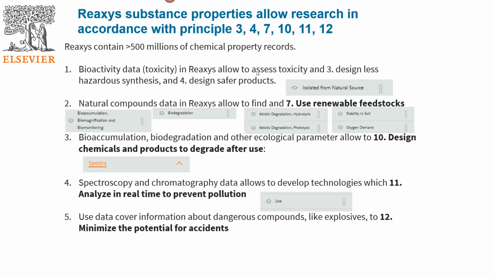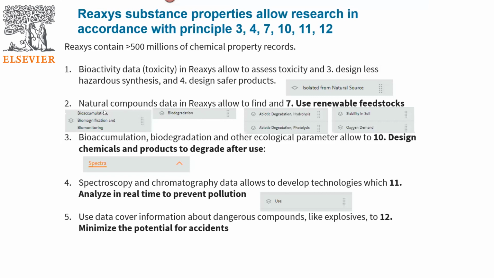The principle number 1 is connected with the bioactivity data, toxicity. The principle number 2 is connected with using renewable feedstock. So for example, if you are doing phytopharmacy or some complicated organic molecules, you can find if this molecule is available in some natural compounds.